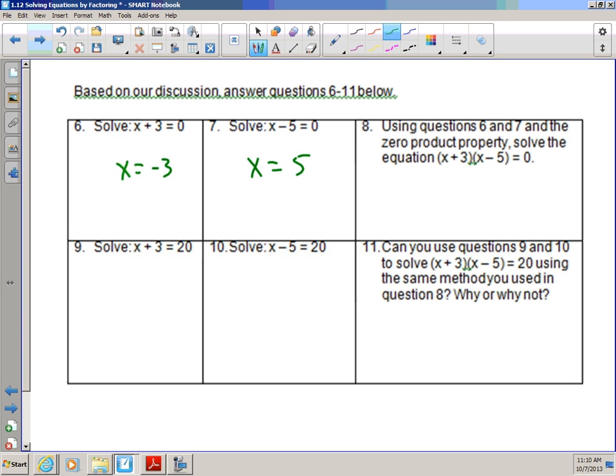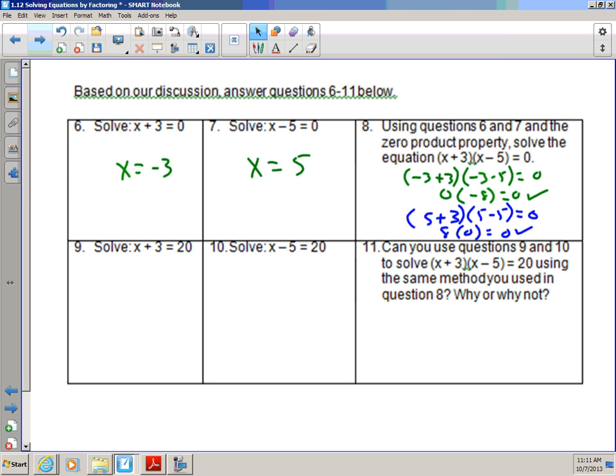If I put in negative 3 for x, I'm going to get 0 times negative 8. It works. And if I put in 5 for x, I'm going to get 8 times 0, and that works. So yes, negative 3 and 5 are a solution to these two binomials individually and to the product of them.